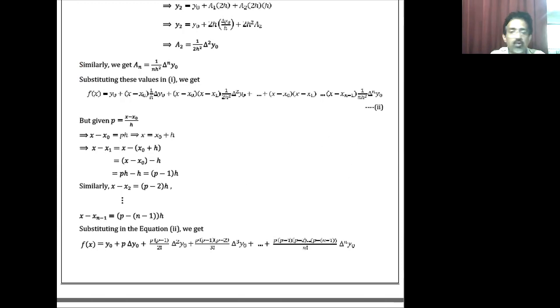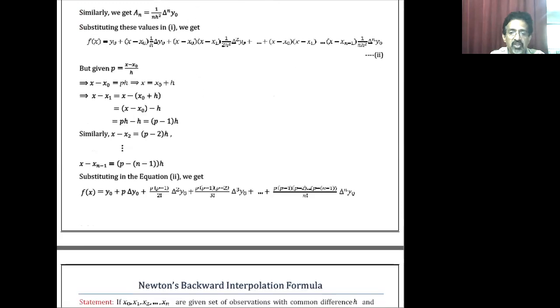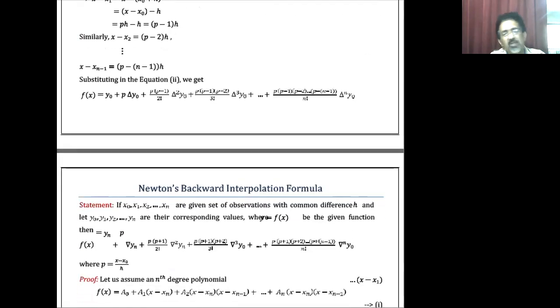So with this, I go to Newton's backward difference formula. It is very similar to Newton's forward difference formula. There, negative was there; here, positive is there. There, forward differences are used in Newton's forward difference formula; here, the backward differences will be there in Newton's backward difference formula.